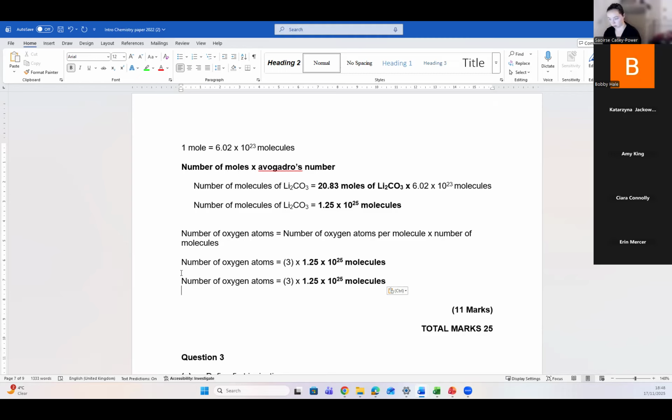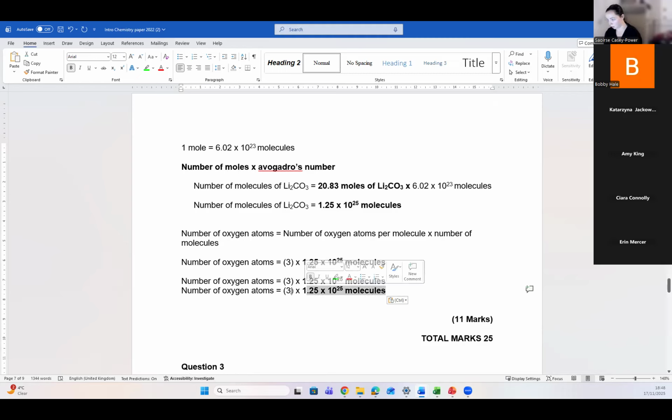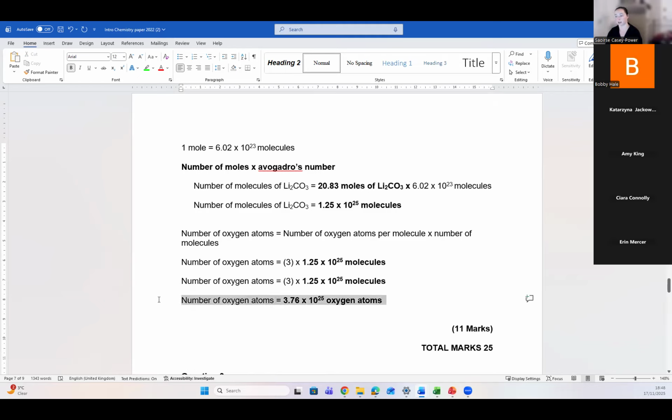Yeah, perfect. So it's 3.76 by 10 to the power of 25 oxygen atoms. And that's your final answer for that one then.